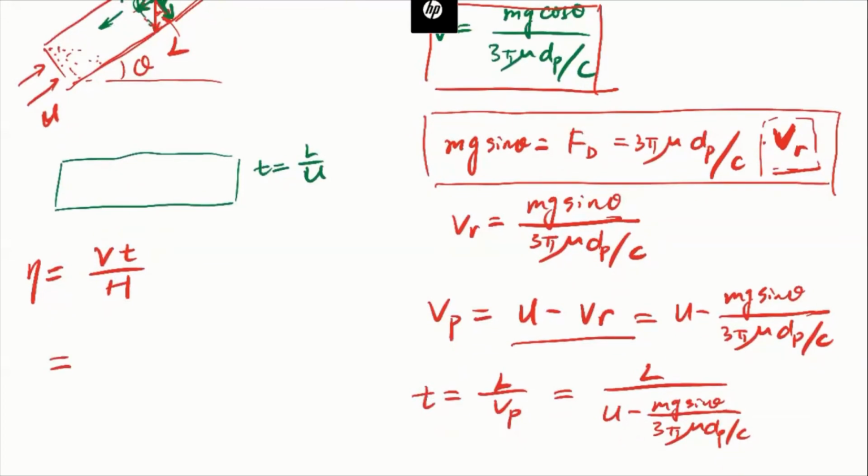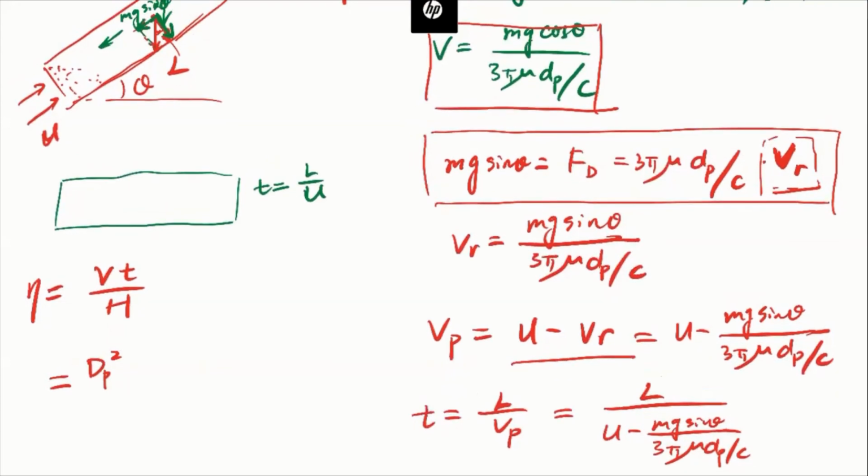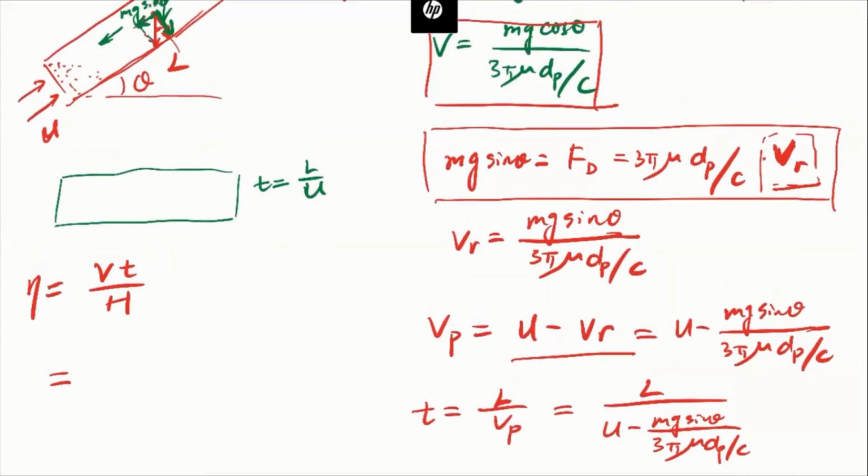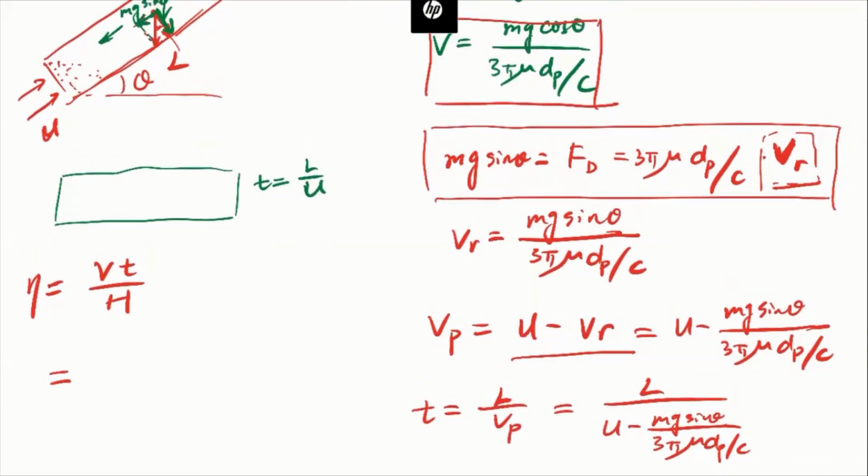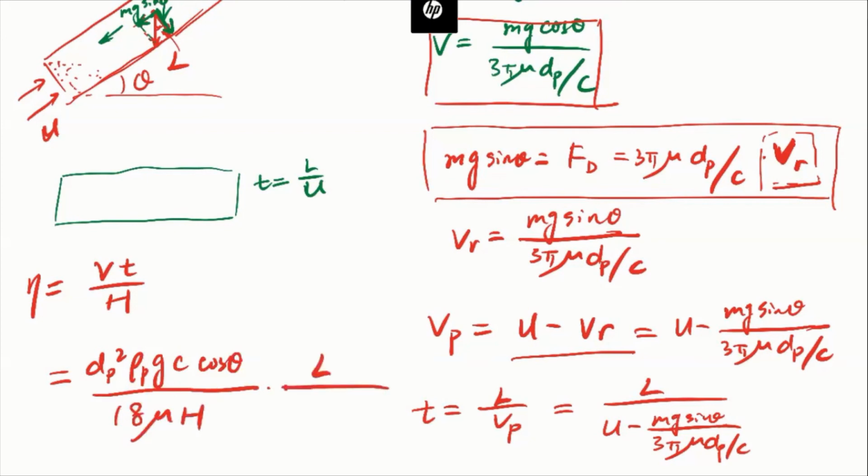Okay, so we have basically dp squared rho pg c cosine theta divided by 18 mu h multiplied by L, over u minus dp squared rho pg c sine theta divided by 18 mu.